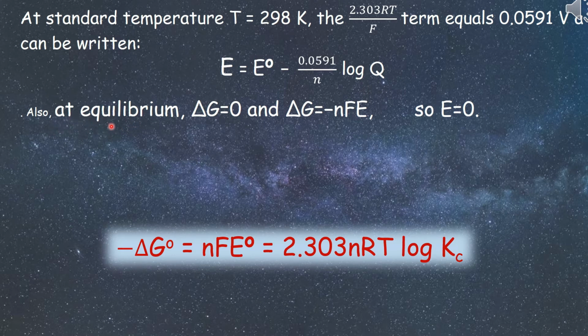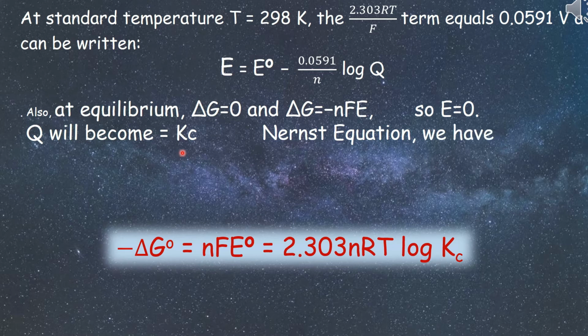At equilibrium, delta G will become equal to 0. Therefore, the cell potential will also become equal to 0, and Q will become equal to the equilibrium constant Kc, because the reaction has reached equilibrium.